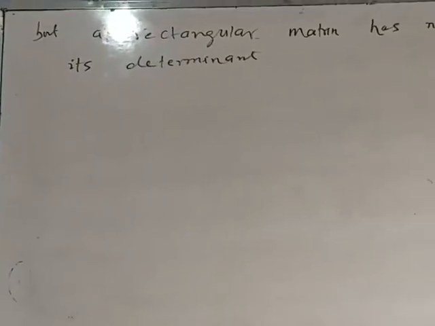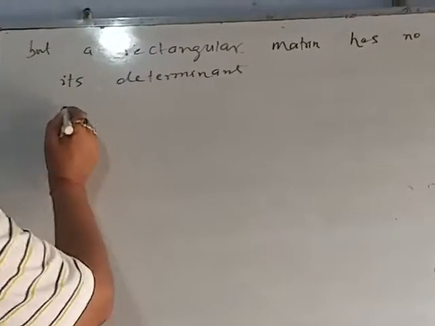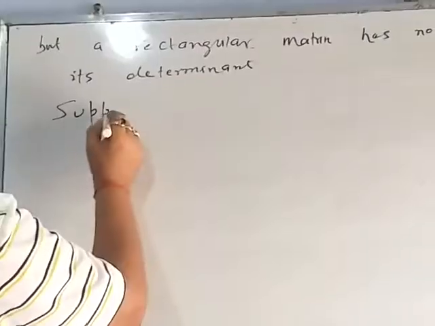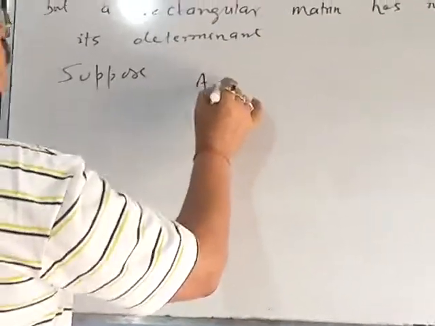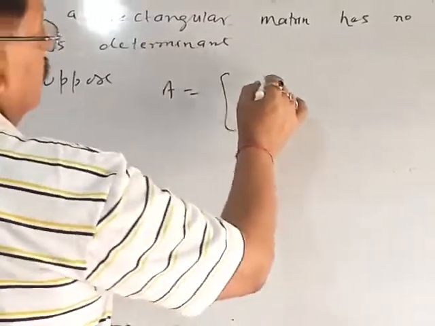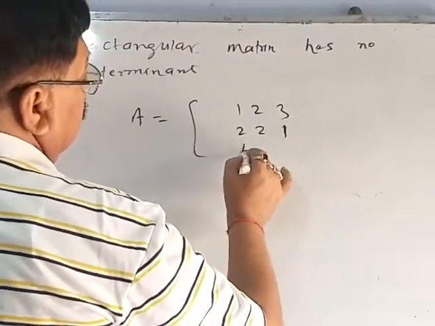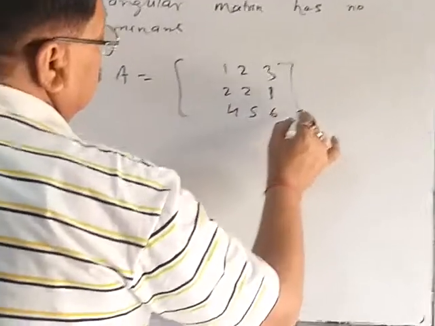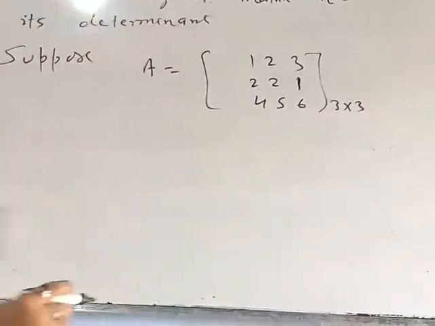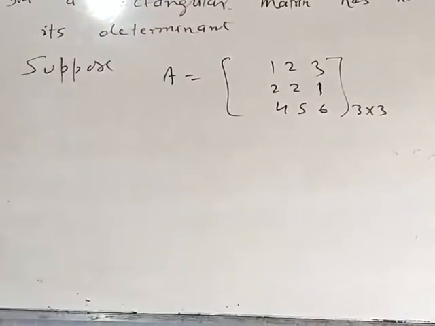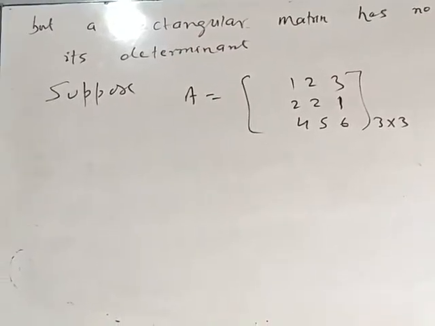Now suppose A is a square matrix 1, 2, 3, 2, 2, 1, 4, 5, 6: 3 rows, 3 columns. It is a square matrix, so it has a determinant.